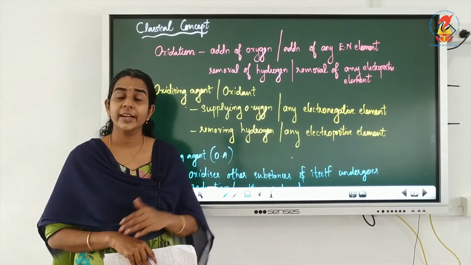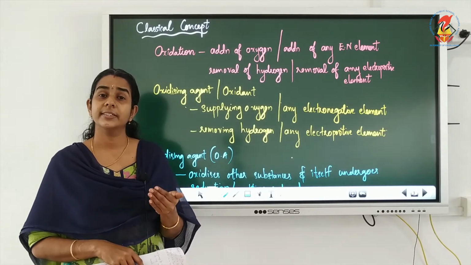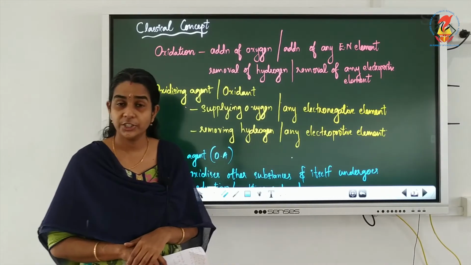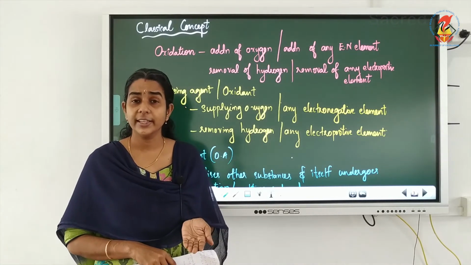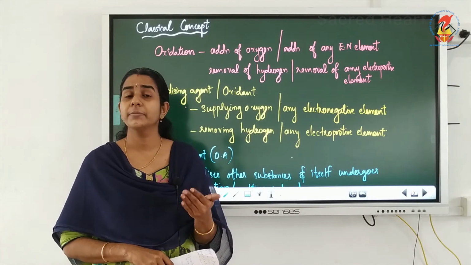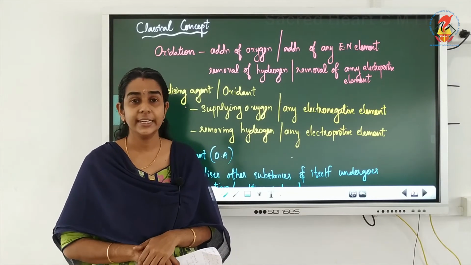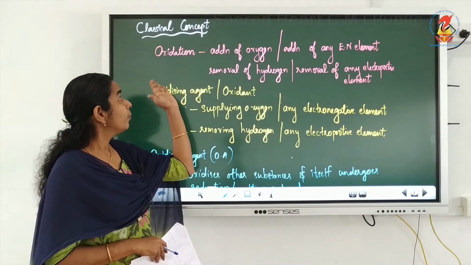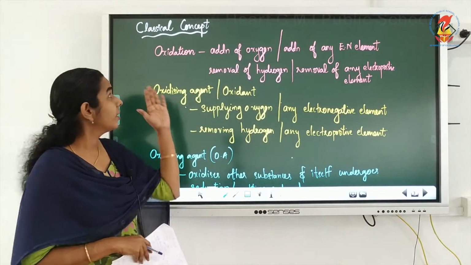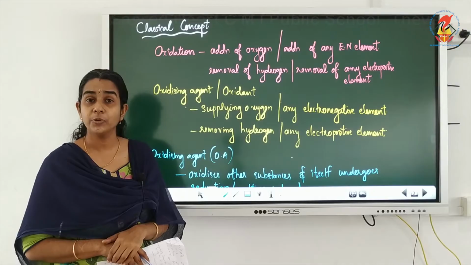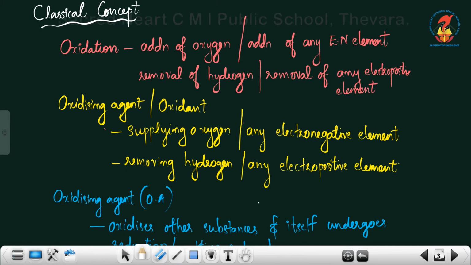Or in every reaction we cannot say that there is addition of oxygen, or it is not necessary that in every chemical reaction there must be oxygen, isn't it? So one of the definitions for oxidation is, it is the process in which there is addition of oxygen, we can call it as oxidation.